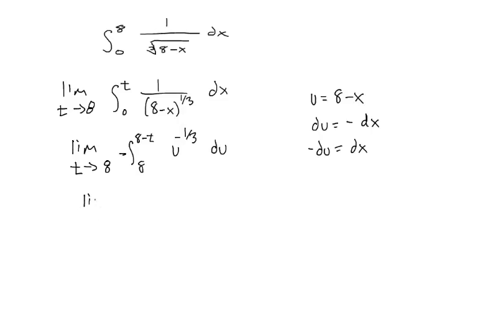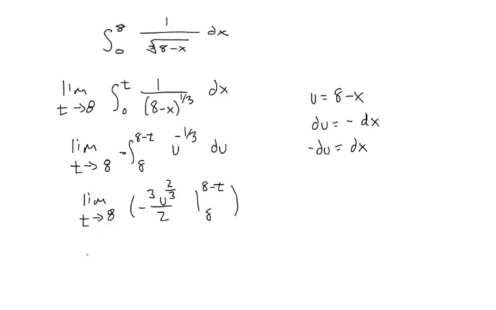So now we have the limit as t approaches 8 times negative, and we have u to the 2/3 divided by 2/3, which would be the same as multiplying by 3/2, evaluated from 8 to 8 minus t.